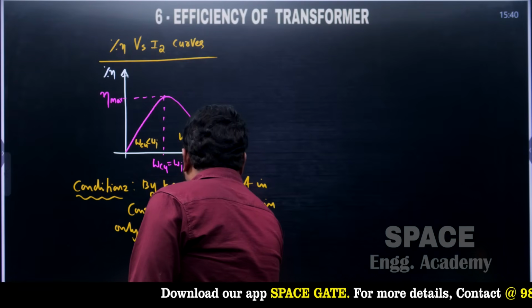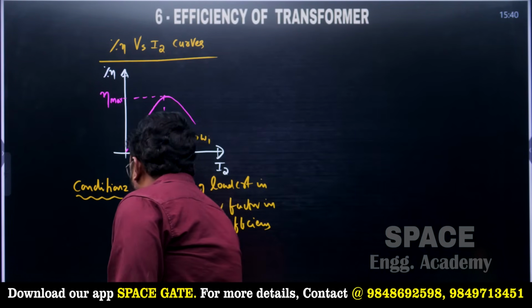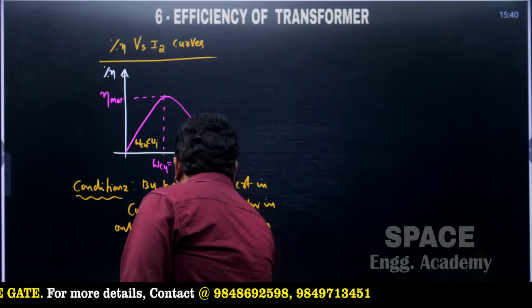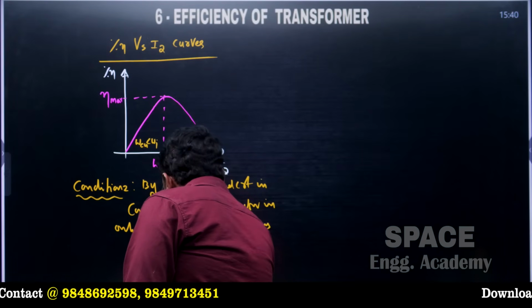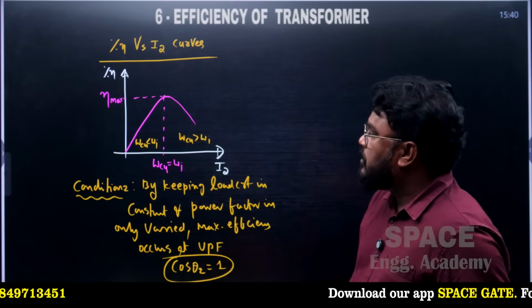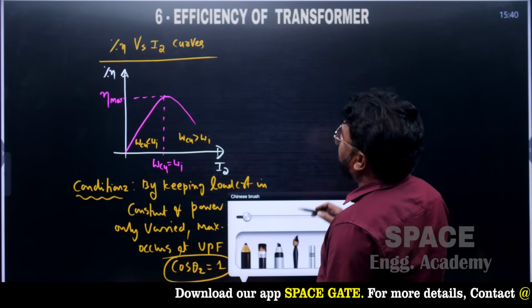Maximum efficiency occurs at unity power factor. Okay, unity power factor. That means cos theta 2 is equal to 1. So cos theta 2 equal to 1. మరి ఏ పర్సెంటేజ్ ఎఫిషియన్సీ వర్సెస్ పవర్ ఫ్యాక్టర్ కర్వ్ ఎలా ఉంటుంది?